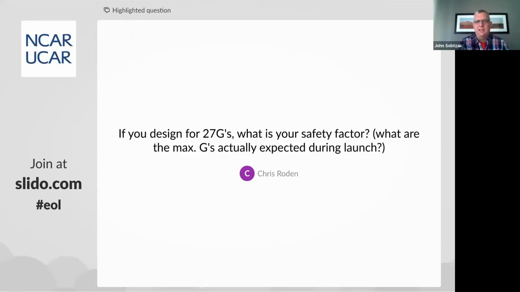I'd have to check the SLS requirements, but I think they're expecting upwards of 15 to 20 Gs in the launch vehicle, based on the acceptance levels versus the qualification levels. So yeah, there's a pretty good safety factor when they put in the qualification levels. They give you a nice safety factor.